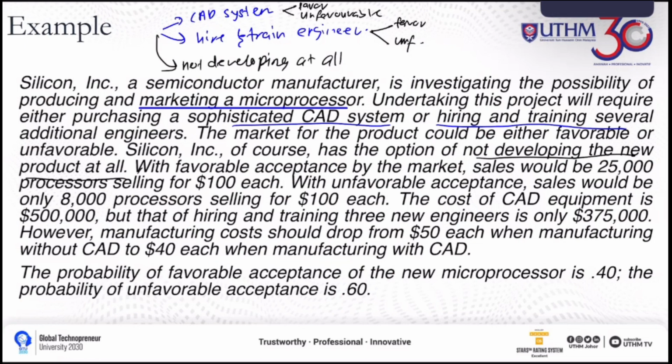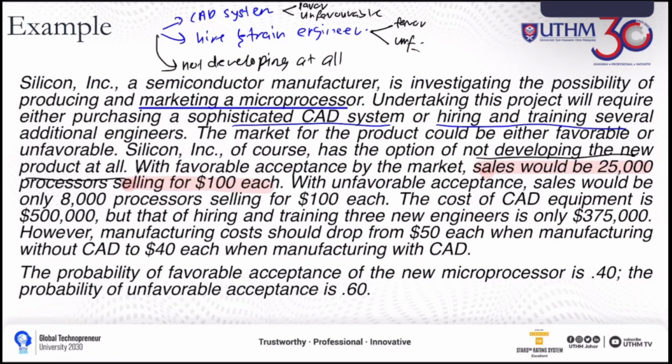So here you need to figure out what the objective of the problem actually is. Is the objective to maximize the profit or to minimize the cost? So here you need to see what the given information is. They say that the sales would be 25,000 units of processors sold.